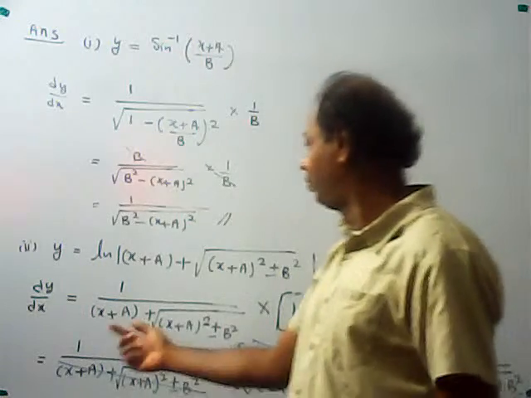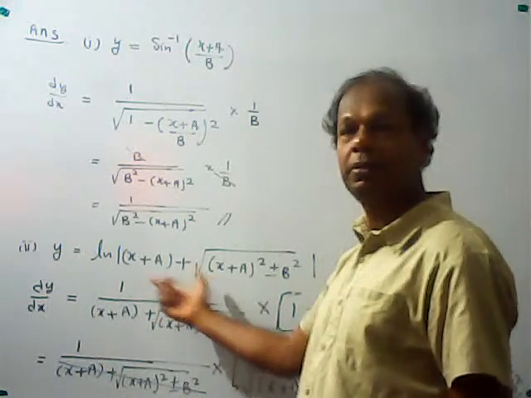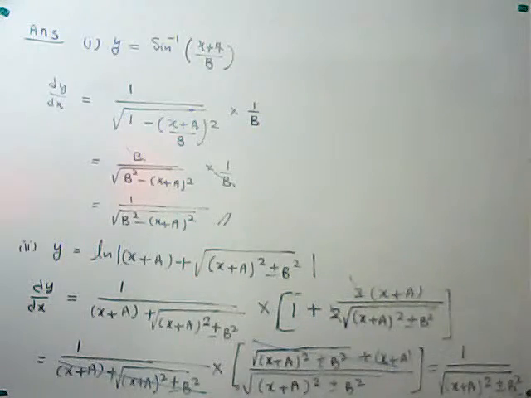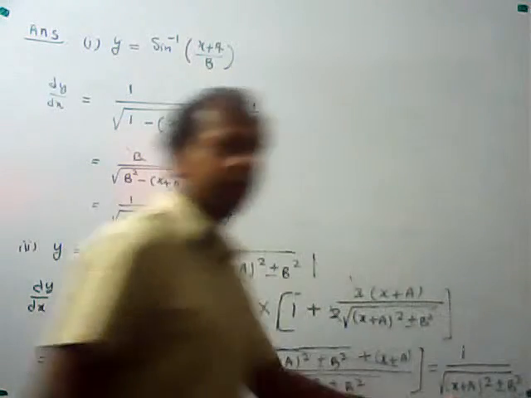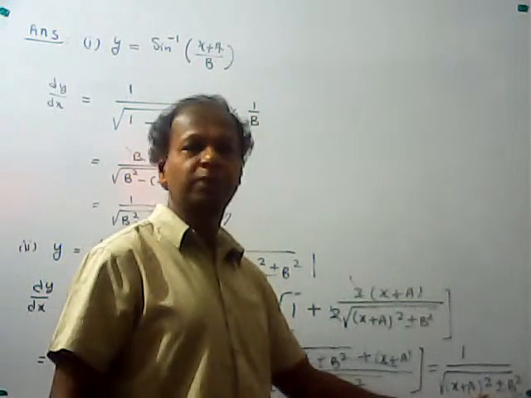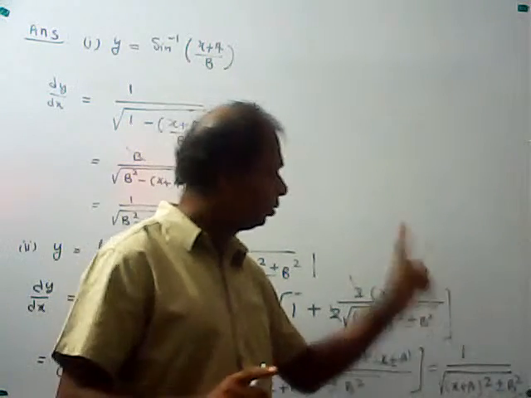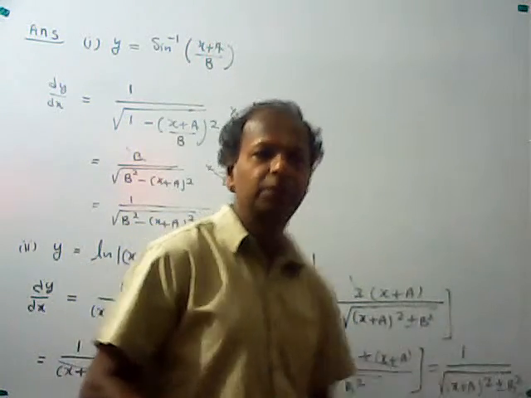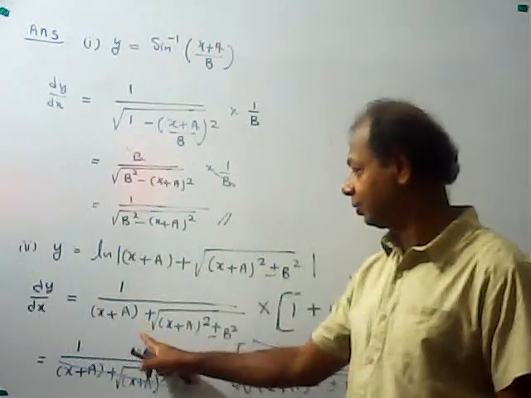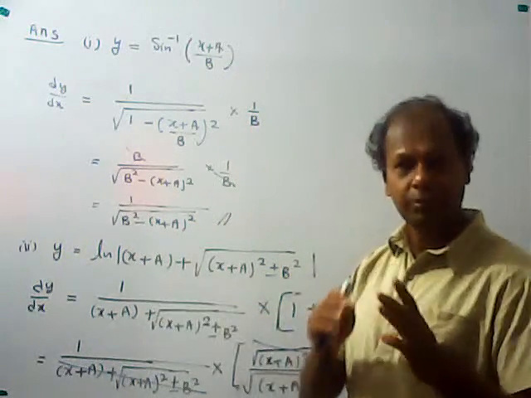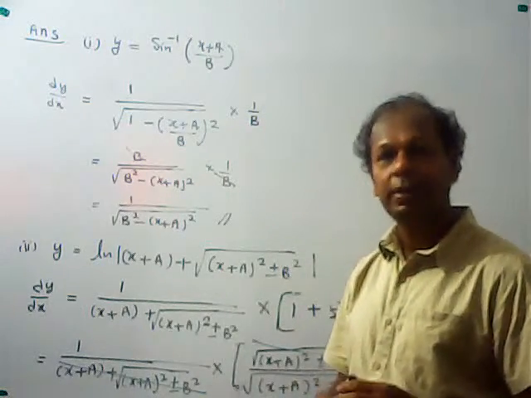Similarly, you differentiate this function ln mod of x plus a something, you get 1 over square root of x plus a squared plus or minus b squared. So conversely, you integrate this, you should get this. That is the use of what we have done here.